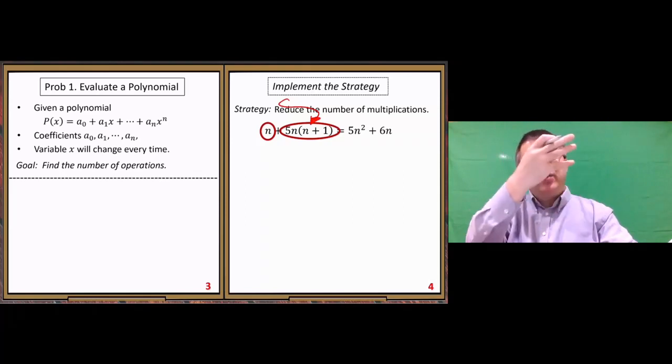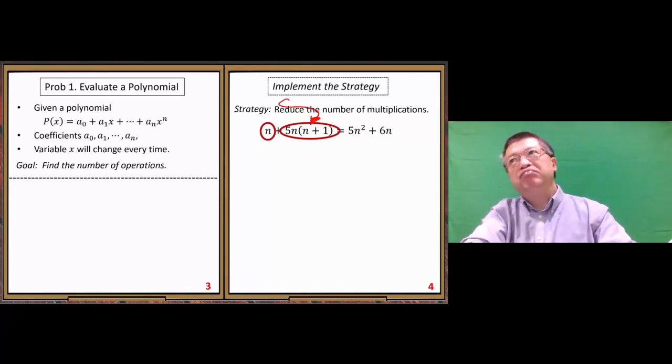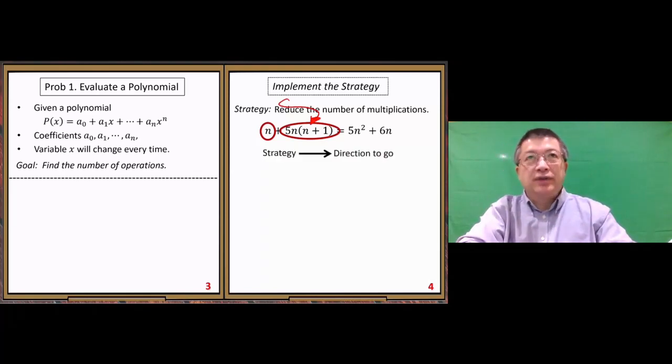So let me review our early view on the algorithms. Strategy gives us direction to go. Where to go? Direction to go.